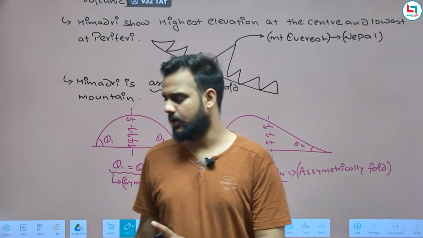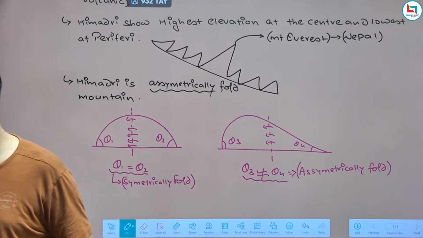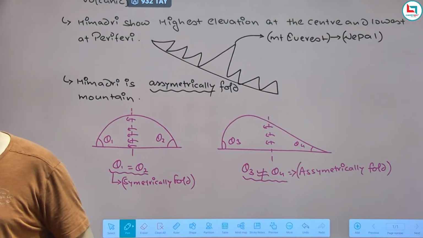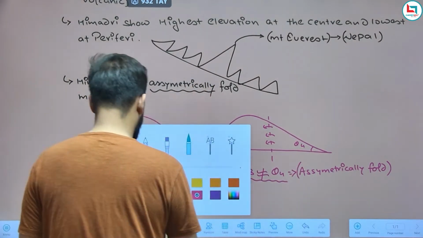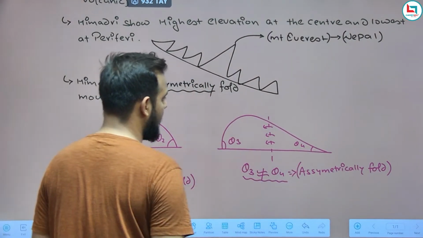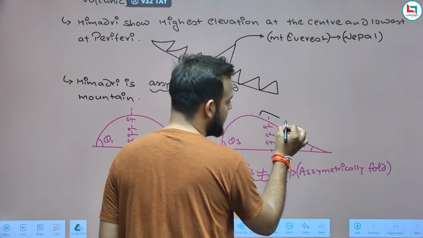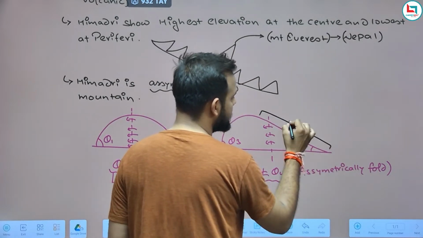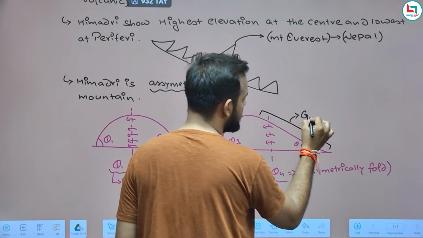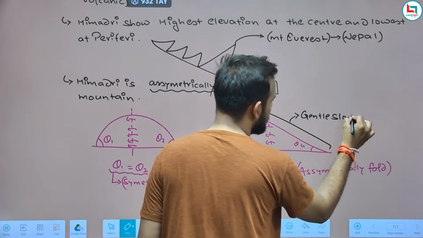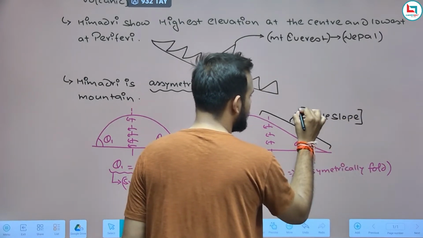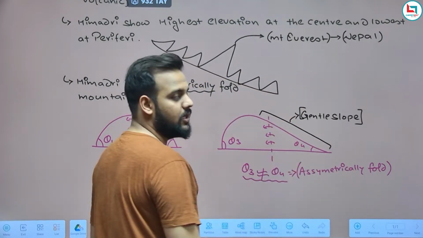Now guys, when we talk about asymmetrical fold, as you can see from the diagram that it is a gentle slope, where you can easily climb the mountain.